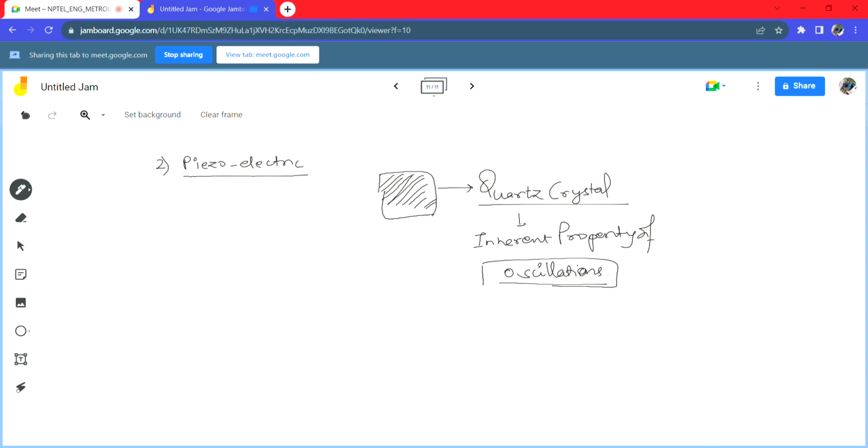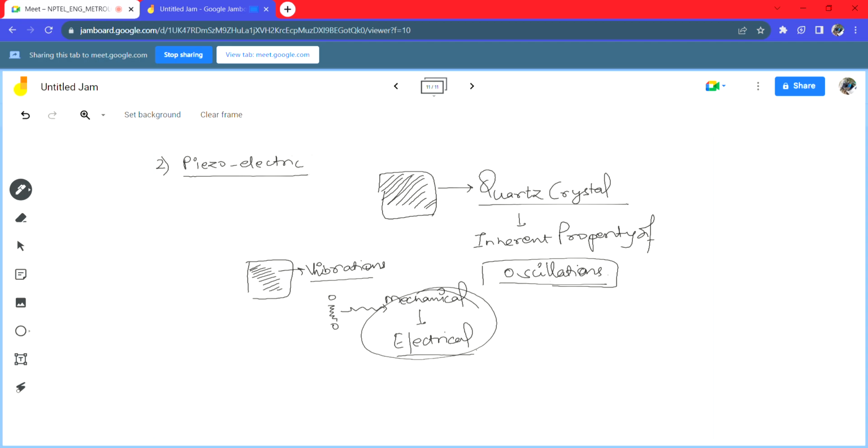And every time these vibrations or oscillations occur, if between 2 points there is a vibration, because of this vibration some sort of mechanical movements are created. These mechanical movements are then converted into electrical properties.